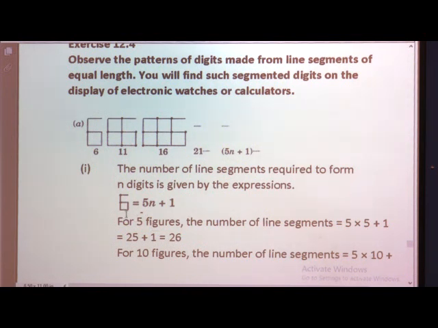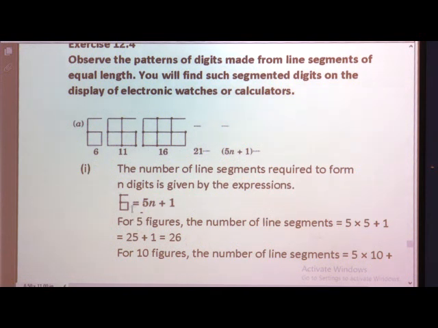Suppose we want to find out for this pattern. So it is equal to 5n plus 1. For 5 figures, the number of line segments is equal to 5 multiplied by 5 plus 1, which is 25 plus 1, equal to 26.